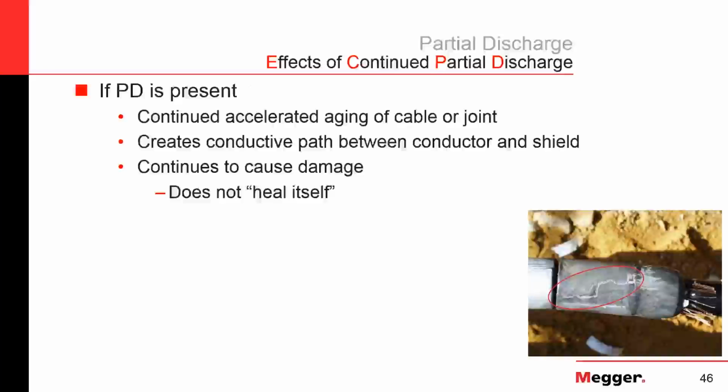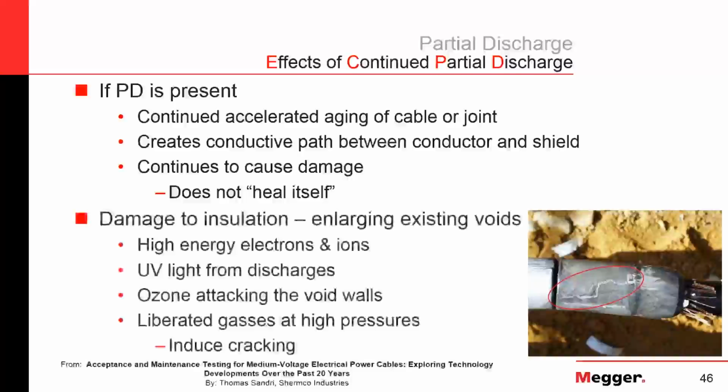If PD is present, it contributes to a continued accelerated aging of the cable or joint, and eventually it creates a conductive path between the conductor and the shield. It's a continuously damaging process. If you have PD on the cable, it will only get worse. It does not heal itself. The damage to the insulation comes from enlarging existing voids, and that happens through a number of processes.